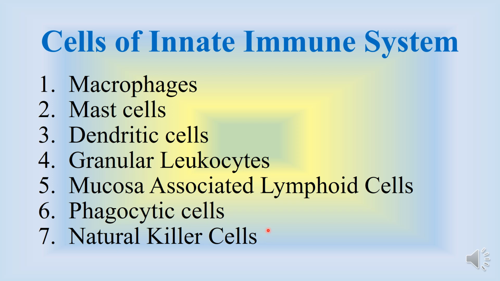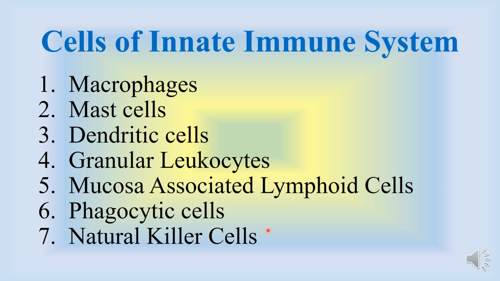I would just like to remind you that resistance to infections that an individual possesses by virtue of his genetics and constitutional makeup is called innate or native immune system. This does not require prior contact. Further details about innate immune system is available in lecture series 1.